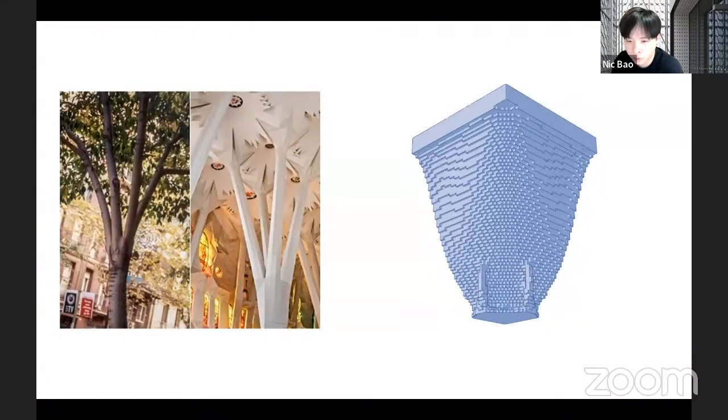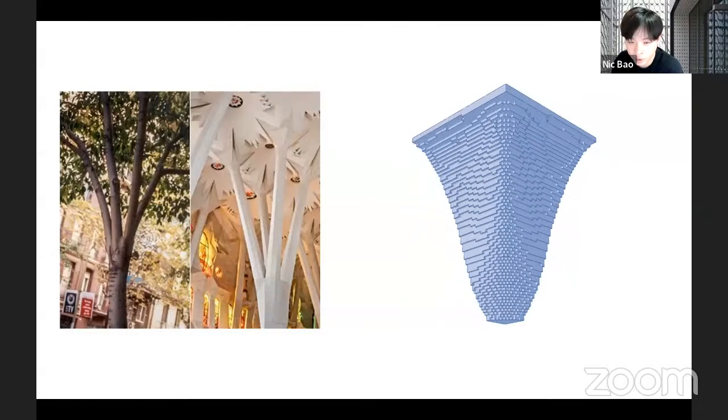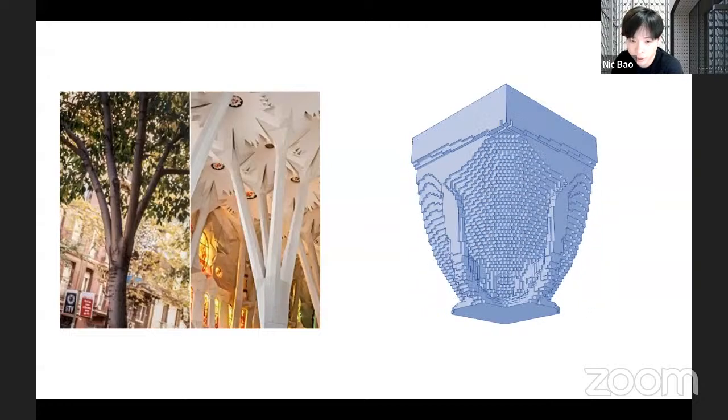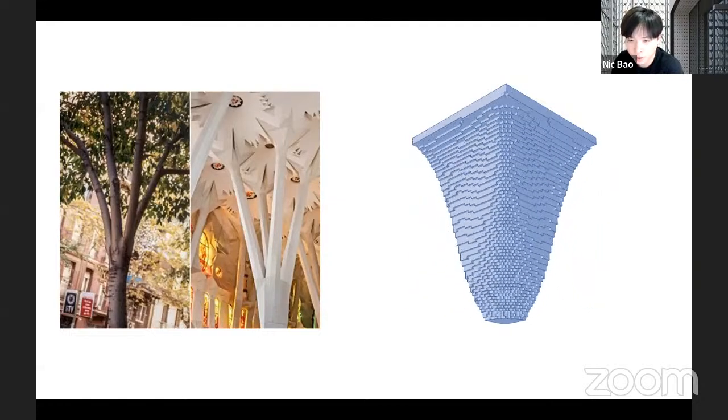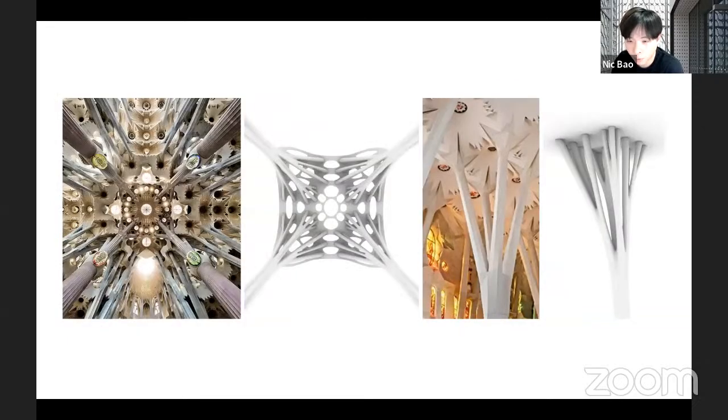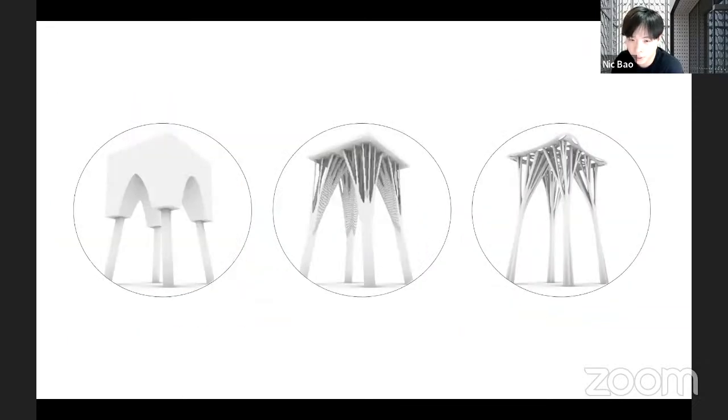We tried to biomimic the tree system and also the column from Gaudí's church to design a new column for our own pavilion, which was exhibited at Digital Futures 2019 in Shanghai. You can see the material being removed and creating tree-like branches.